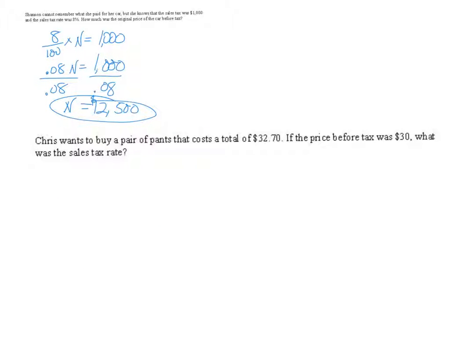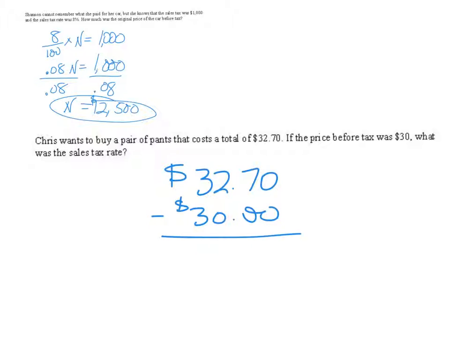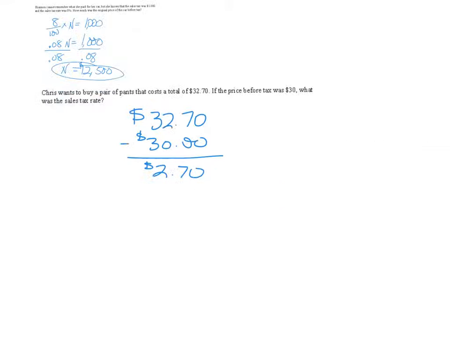Chris wants to buy a pair of pants that cost a total of $32.70. The price before tax was $30. What's the sales tax rate? Okay, so first we need to find out how much he paid in sales tax, so that would be $2.70. So the question we're really asking now is what percent of 30 is $2.70?